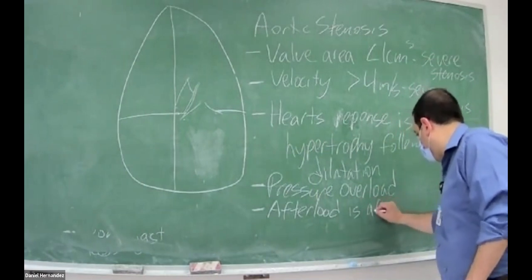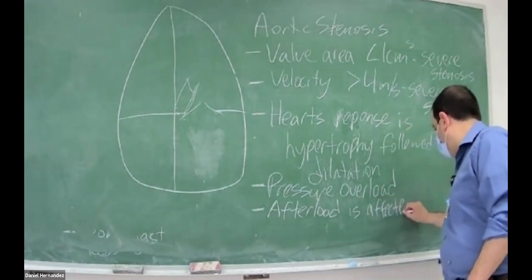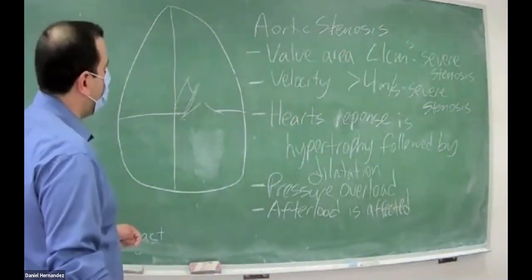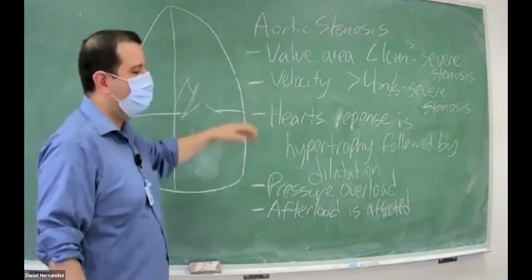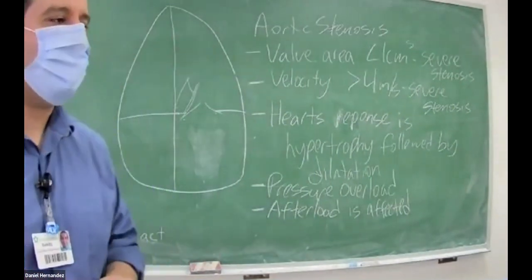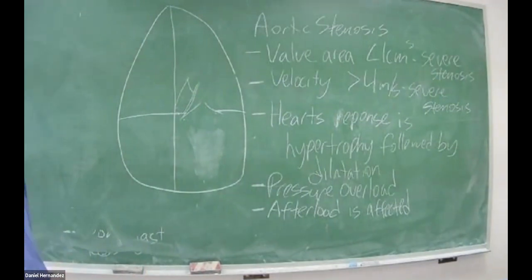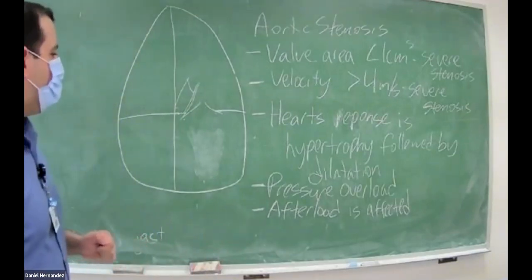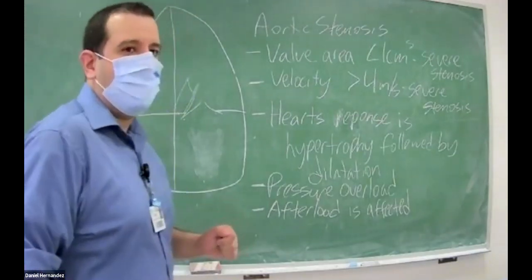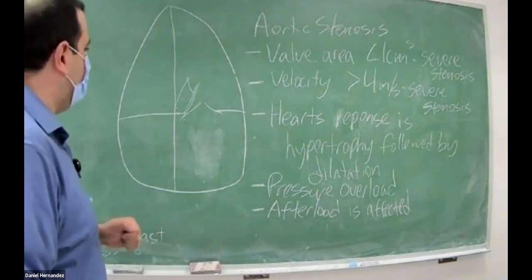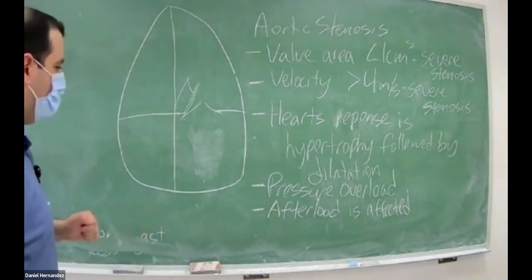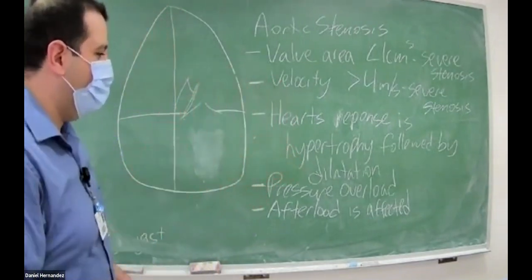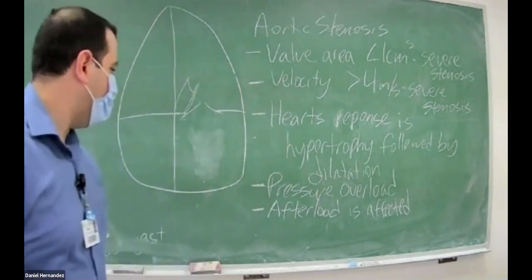So we remember the difference between afterload and preload. Preload is anything that affects the volume of blood in the ventricles prior to systole, so it's the end diastolic volume of blood in the ventricles. And then afterload is anything the heart has to work against to eject the blood from the ventricles.